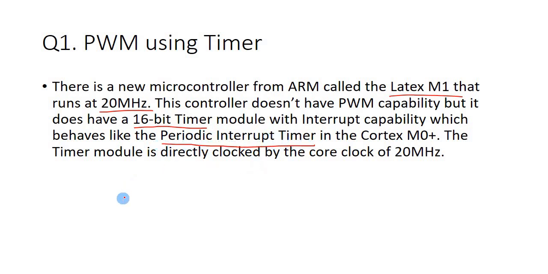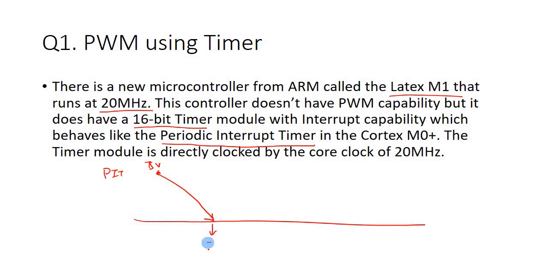So if you have gone through the e-lecture, you would have known that basically how the PIT works is you put in a start value, which is called a timer start value, and then it starts to count down. When it hits 0, which is the final count, it can generate an interrupt. At the same time, it will reload back with the same value, and you can carry on counting.